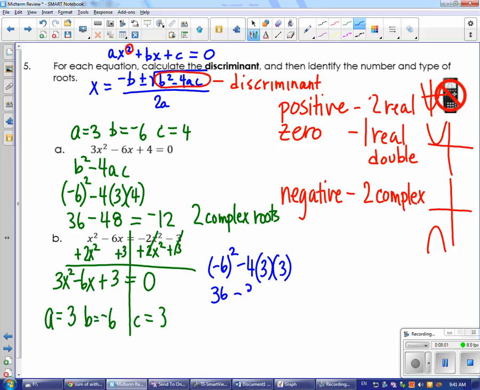So I've got 36 minus 36. That's going to give me 0 as my discriminant, and that means that I have one real root. And if you want, you can indicate that it's a double. Okay, so that's how you use the discriminant to determine the number and type of roots.